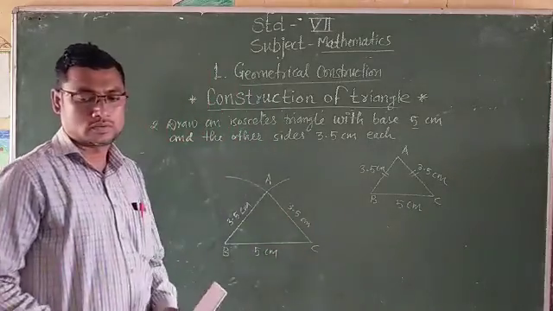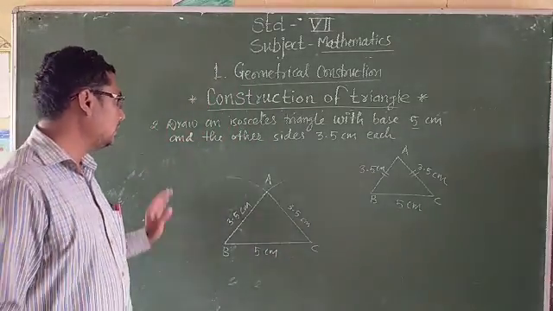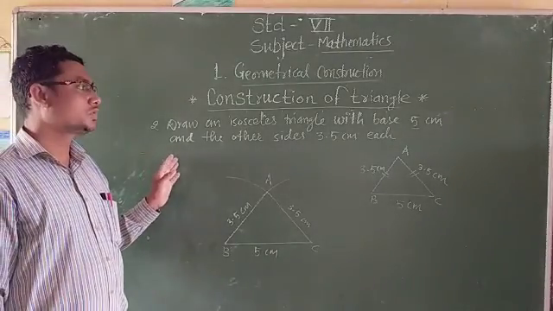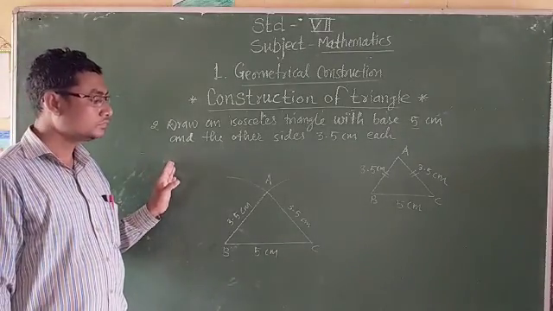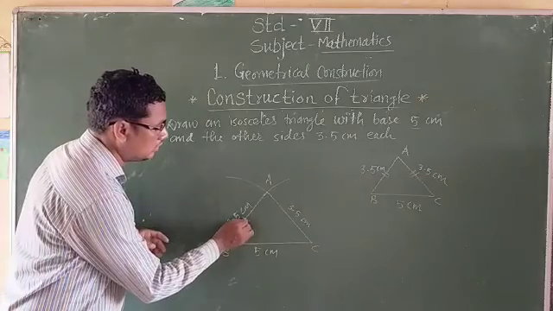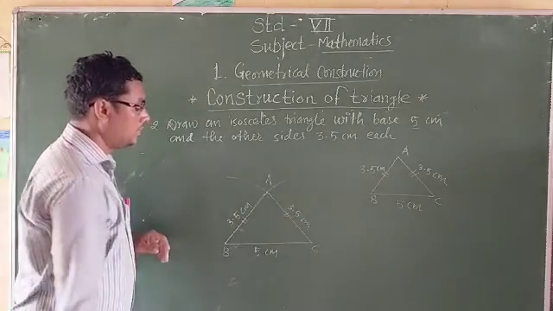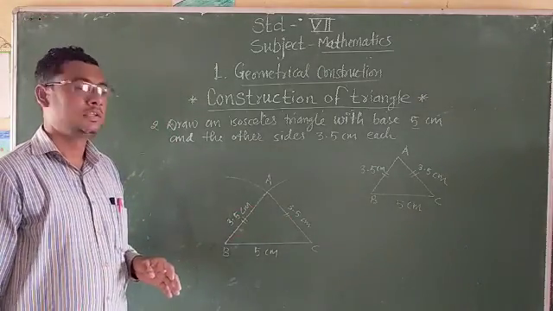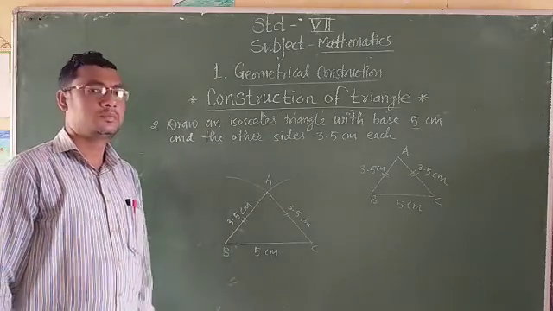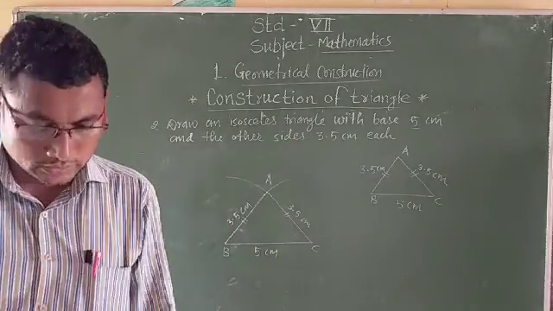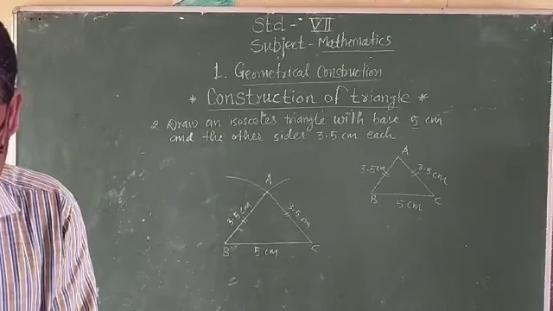Like that we construct the isosceles triangle. Two sides are equal here. The length of AB and the length of AC are equal, and BC is the base. So we construct the isosceles triangle.